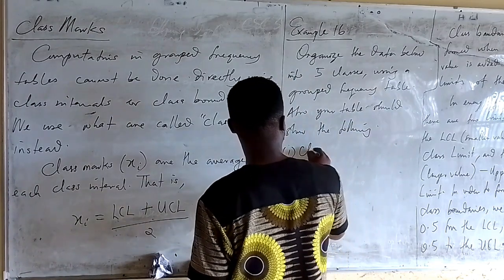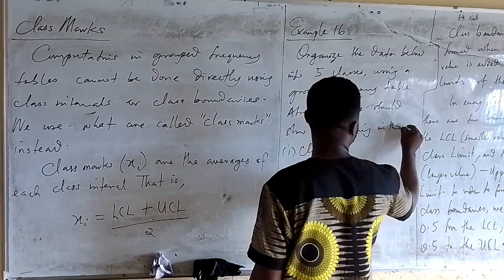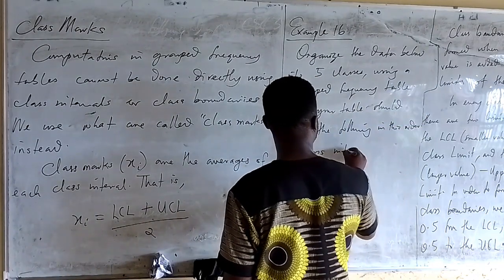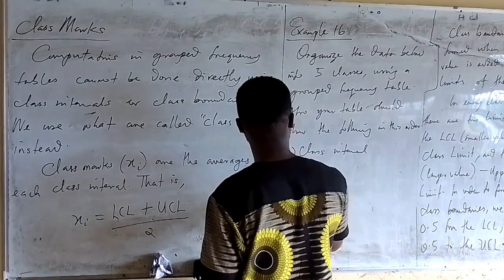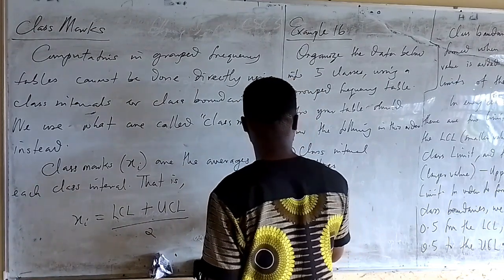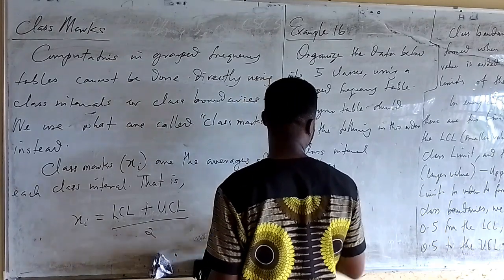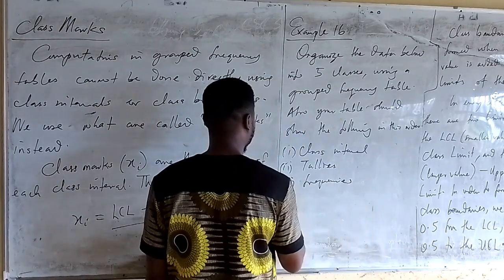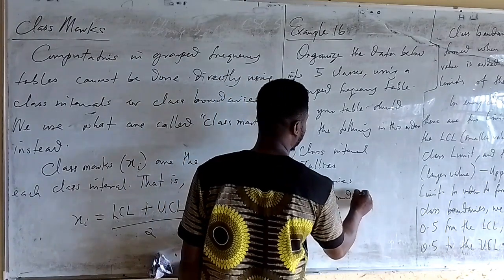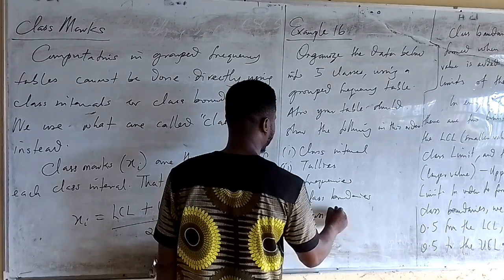The following in this order. 1, class interval. 2, tallies. 3, frequencies. Okay? 4, class boundaries. 5, class marks.